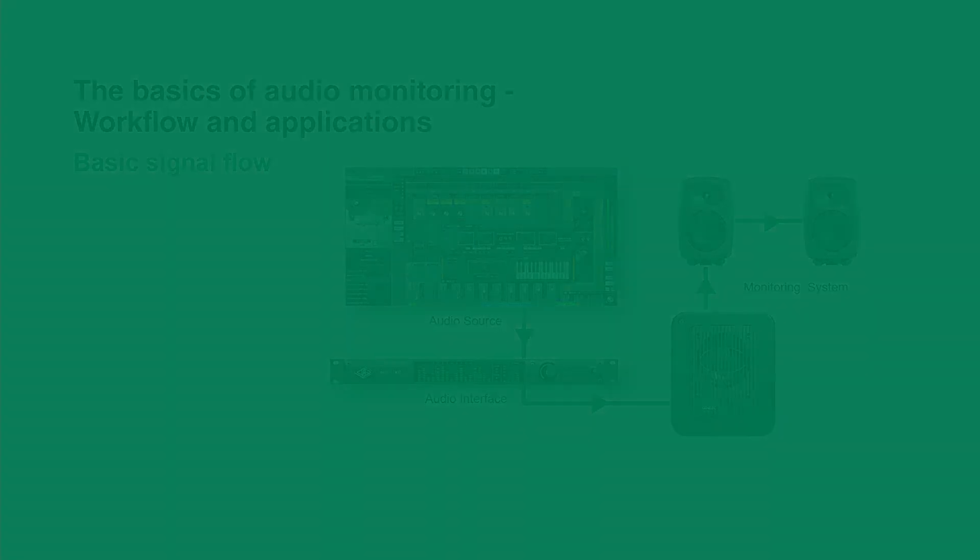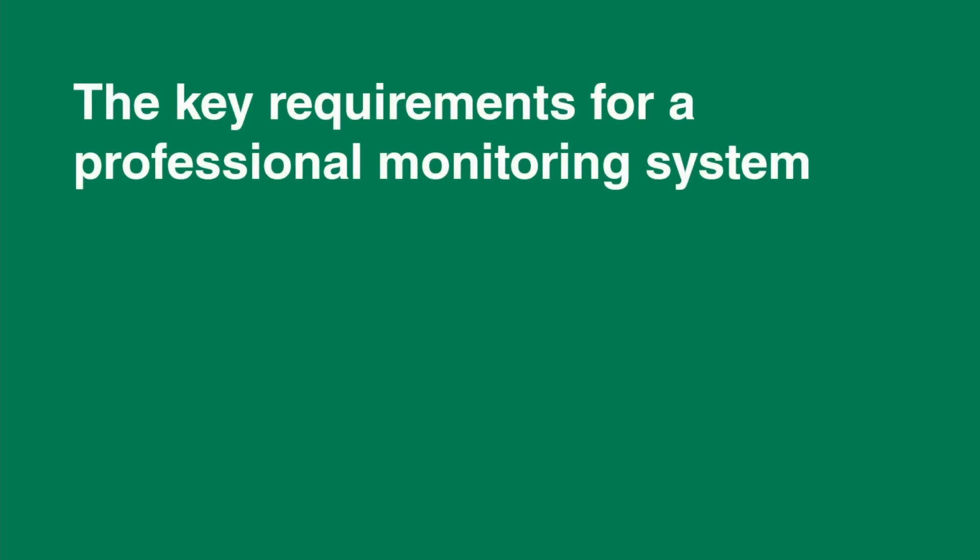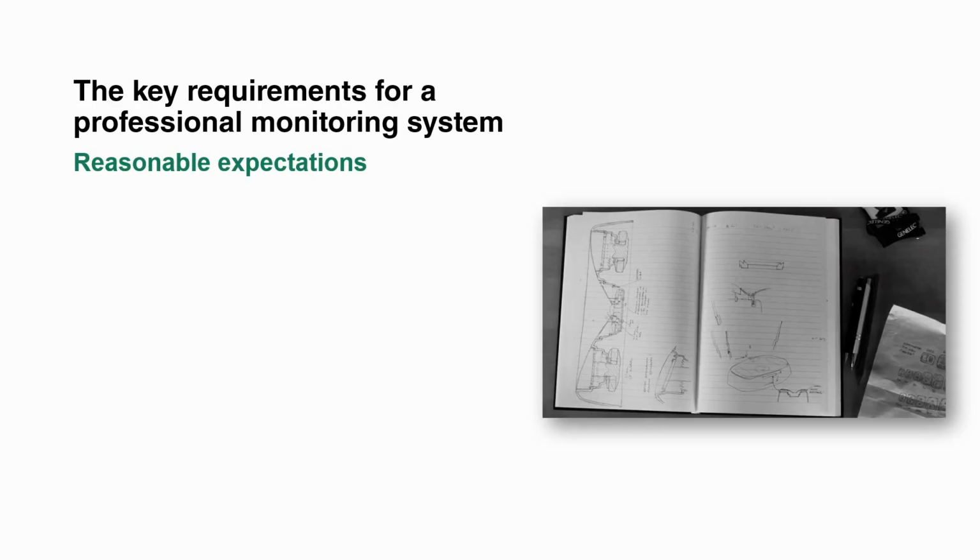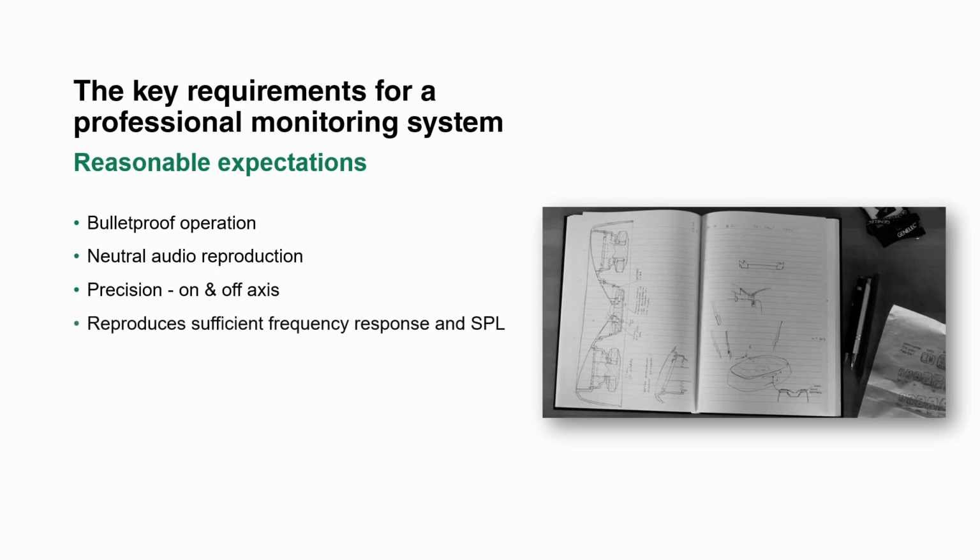The key requirements for a professional monitoring system. Some reasonable expectations that we could make regarding an audio system in a professional context: that it would be bulletproof, that it would work every single day as you come into the room, that you would receive neutral audio reproduction, and will give you precise information both on and off axis, that the system will be able to reproduce sufficient frequency response in SPL, and when needed can adapt to the environment.